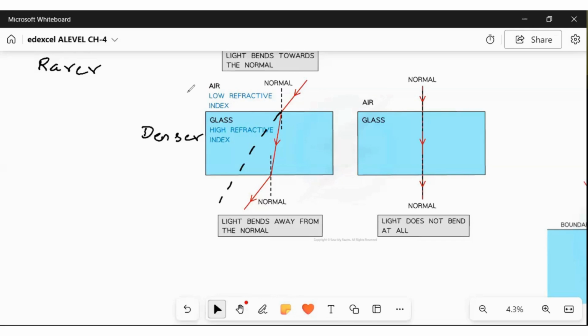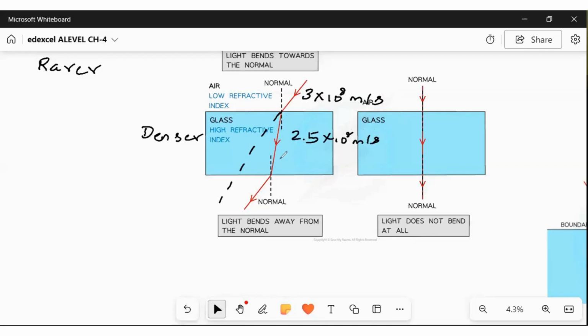We know the speed of light in air or vacuum is 3 into 10 power 8 meter per second, correct? When the ray is incident on a glass slab, the starting point of the denser medium, its speed decreases.